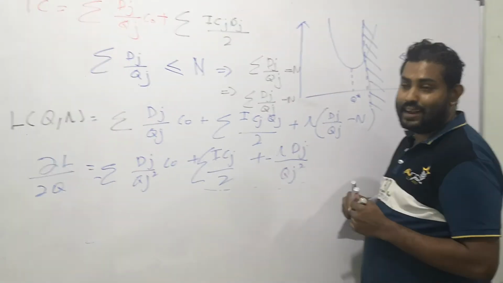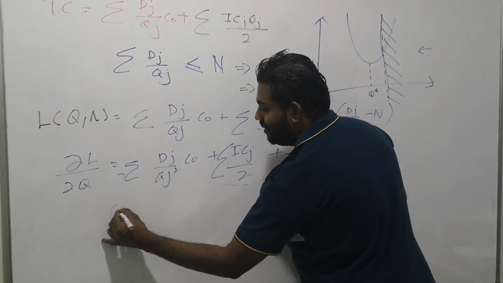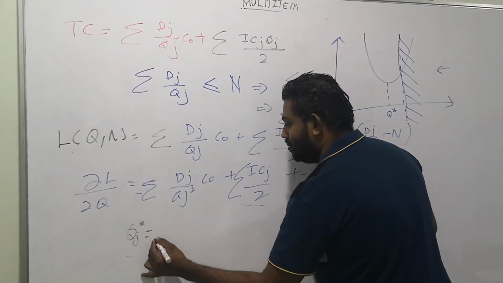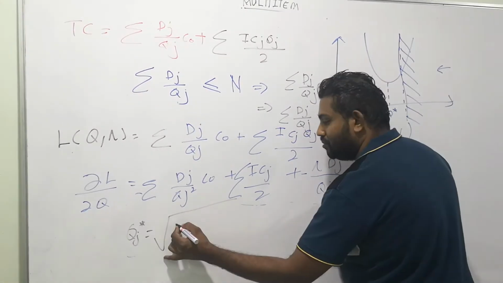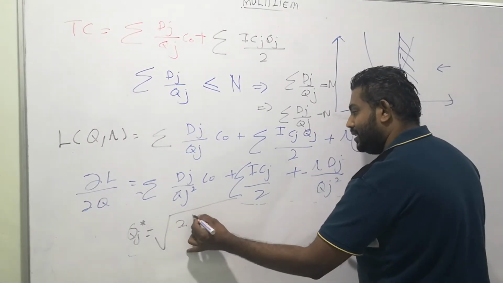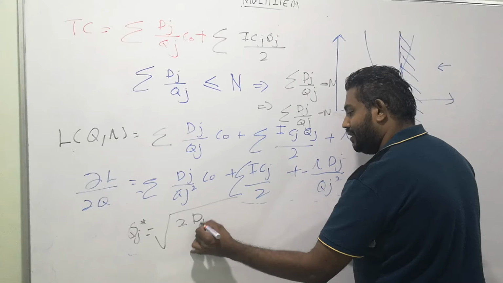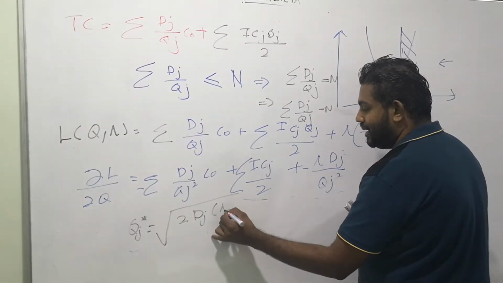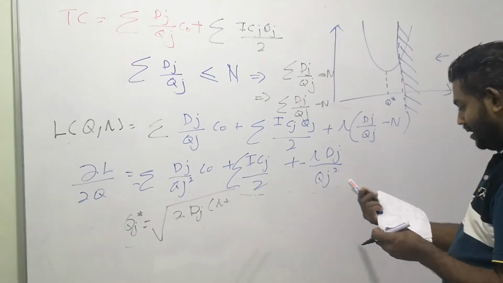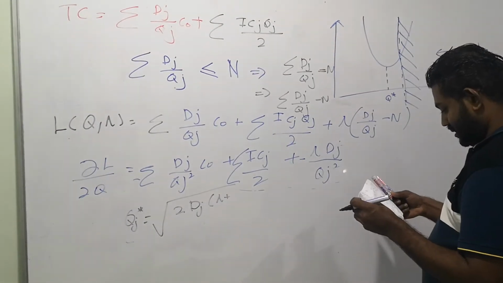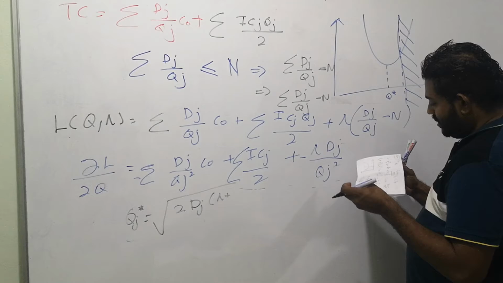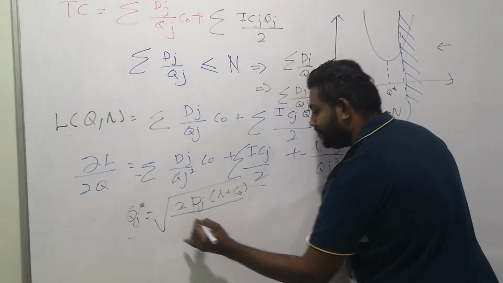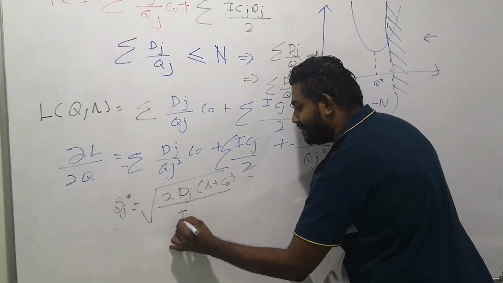And from here we can rearrange. You can look at my slides, where we get our q optimal of j equals the square root of 2 dj, in the bracket we will have lambda plus c naught over I cj.